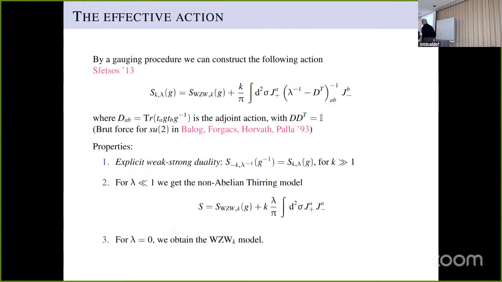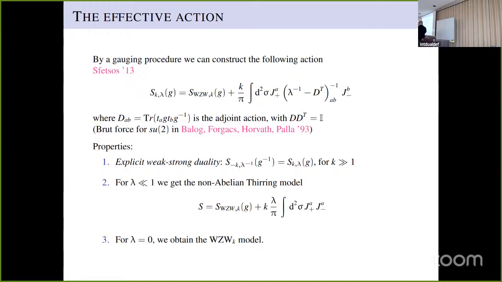Before moving on, some years ago, more than a decade, Konstantinos Sfetsos derived an action of this form by following a gauging procedure, which is the Wess-Zumino-Witten model, and this kind of deformation, where you have J plus and J minus, but apart from the matrix lambda, on top of that there is the matrix D. The matrix D is the adjoint action, going from right to left.